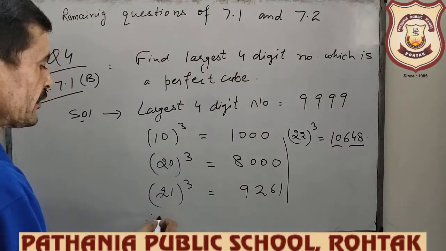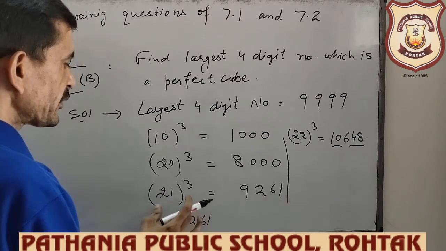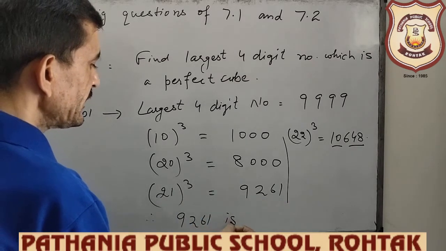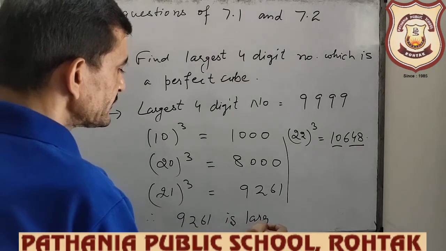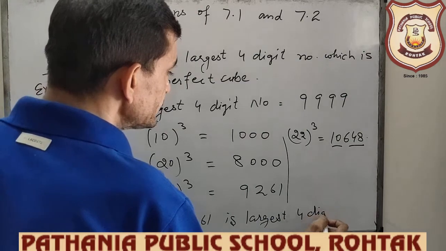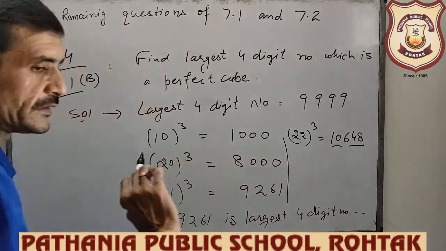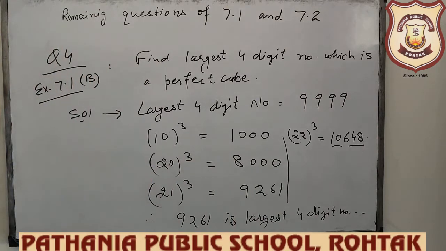So therefore 9261, that is the cube of 21, is the largest 4-digit number which is a perfect cube. In this way we solve question number 4.